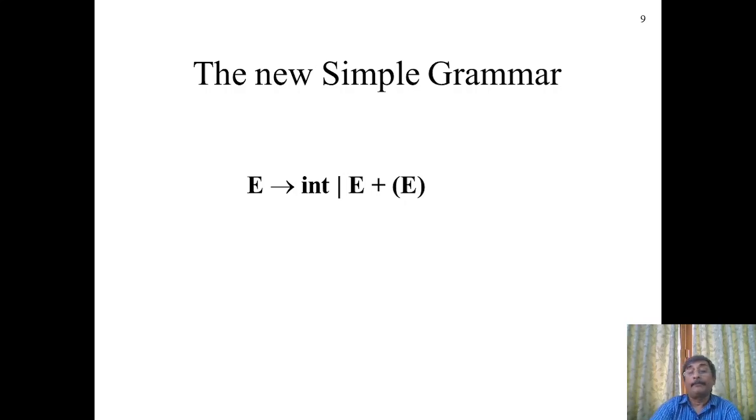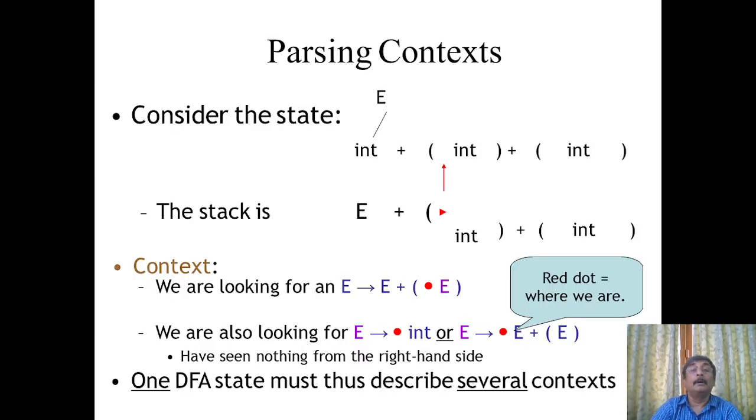And let us have a review of the parsing as such. The state of the parser, the configuration of the parser, basically remembers the context in which we are operating. So let's say this was my input string, and I am here, having started with E. We have looked at int, we have looked at plus, and we have looked at this opening parenthesis.